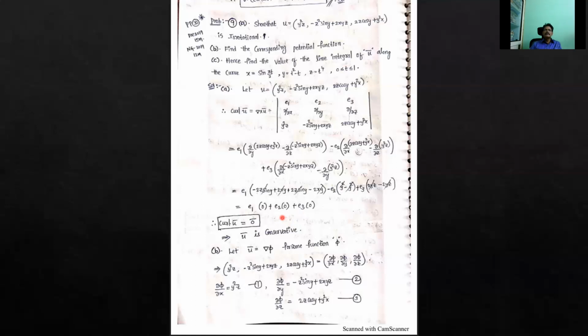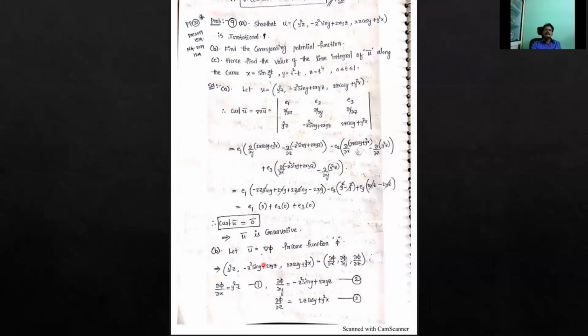So whenever it is a conservative field, that means it has a potential function. That means u bar equals del phi for some function phi. Here u bar is (y²z, −z² sin y + 2xyz, 2z cos y + y²x). We know del phi is (∂φ/∂x, ∂φ/∂y, ∂φ/∂z). Comparing these two, ∂φ/∂x equals y²z, ∂φ/∂y equals −z² sin y + 2xyz, and ∂φ/∂z is 2z cos y + y².